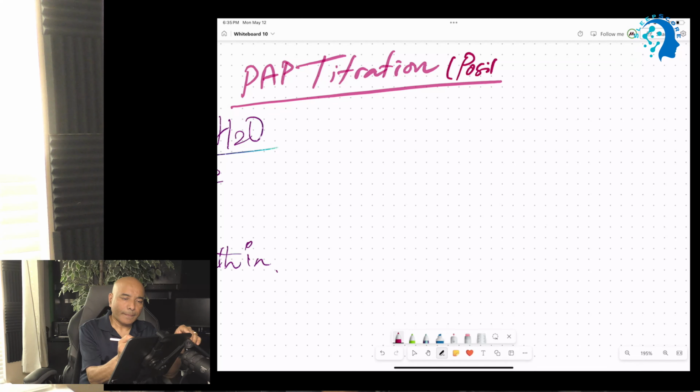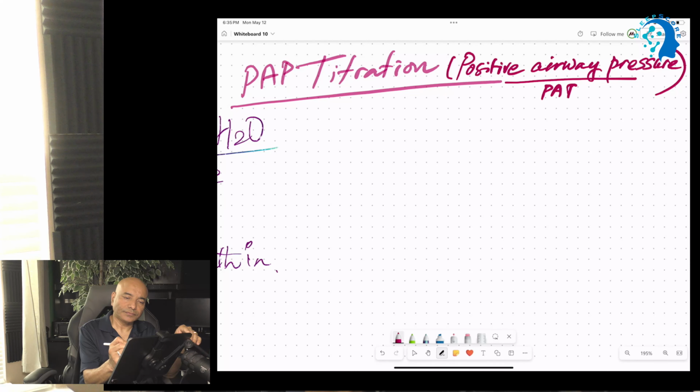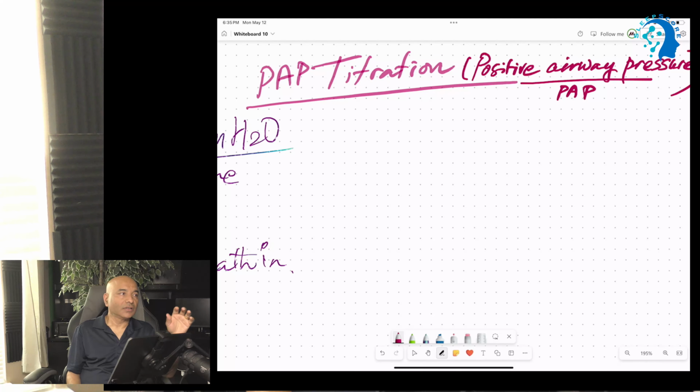Positive airways pressure. This is PAP. Now, mainly I'm going to tell you there are different types.